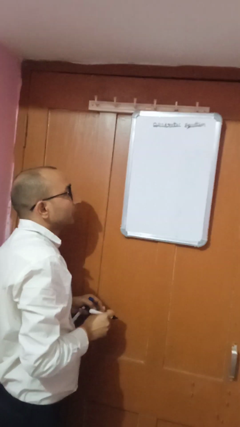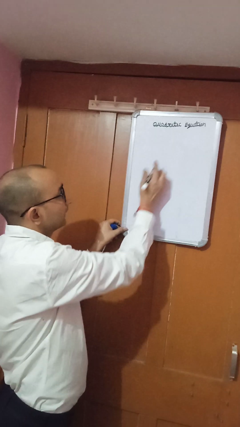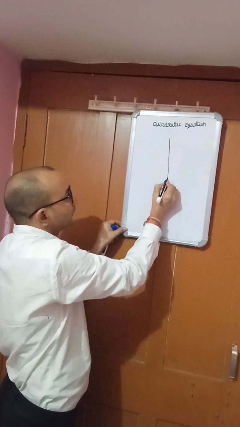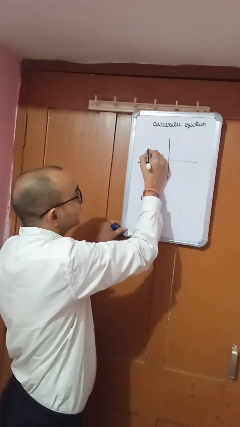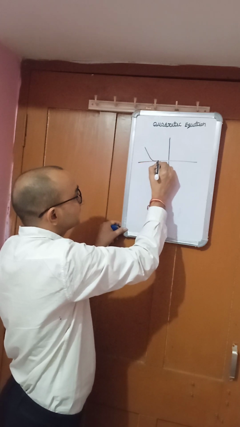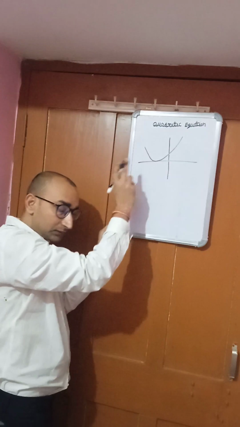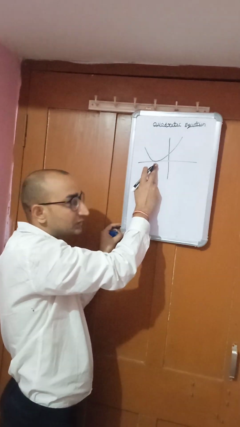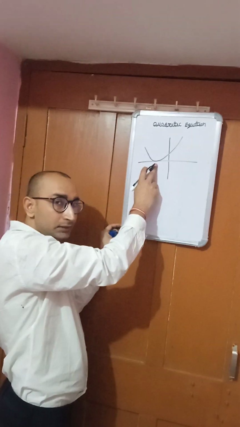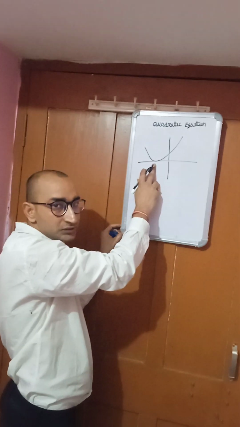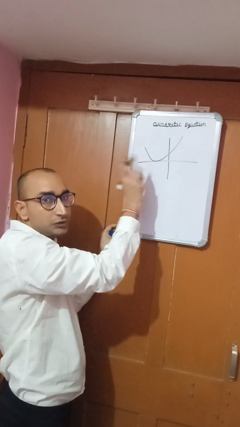Okay, if the parabola intersects the x-axis at one point, that means it has two solutions and both the solutions are equal.